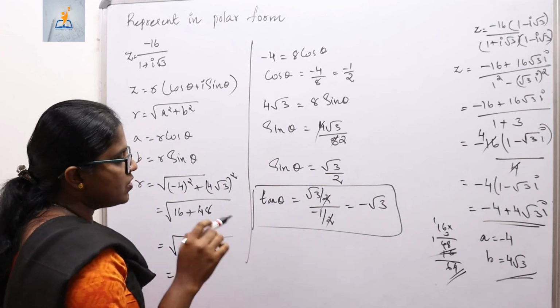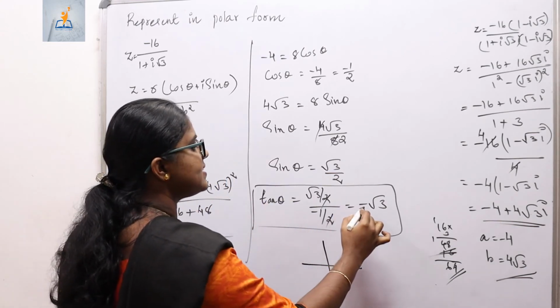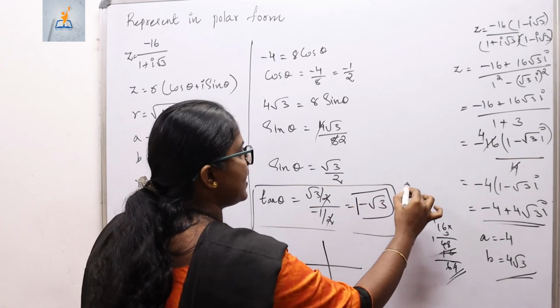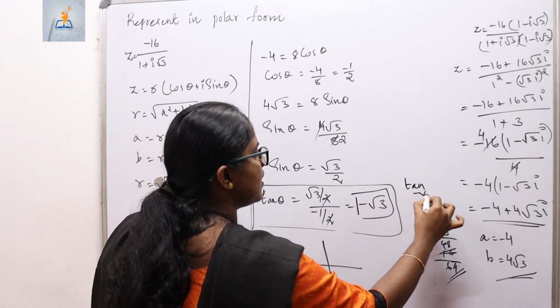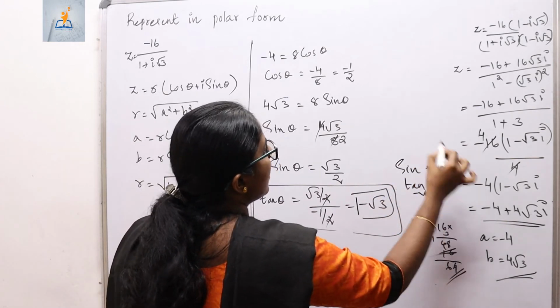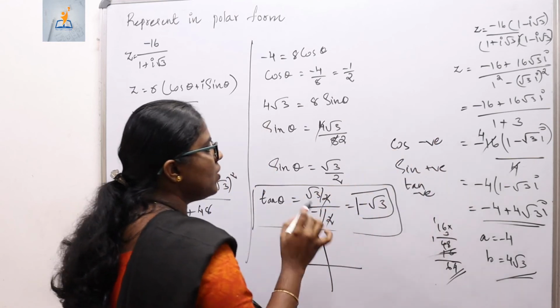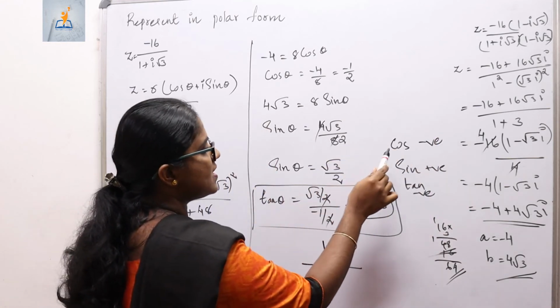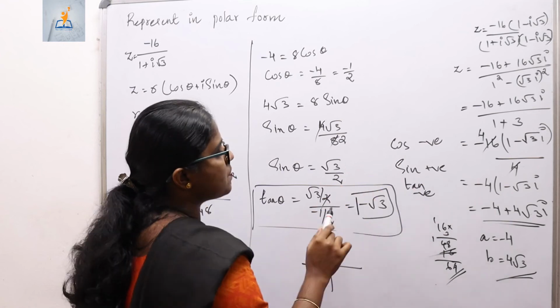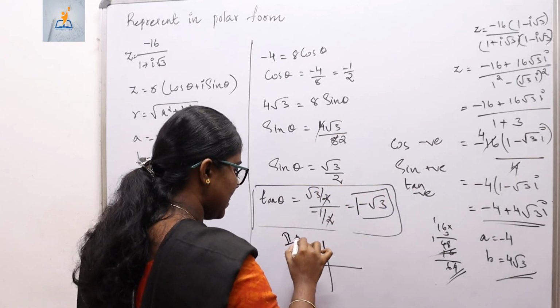So we got tan theta as minus root 3, sin theta as root 3 by 2 and cos theta as minus 1 by 2. Tan is negative, sin is positive and cos is negative. The only quadrant where cos theta is negative, sin theta is positive and tan theta is negative is the second quadrant.